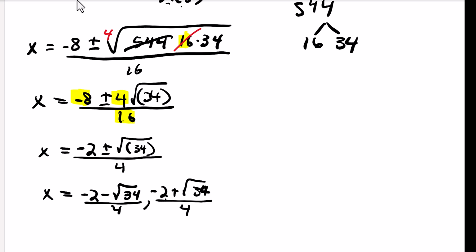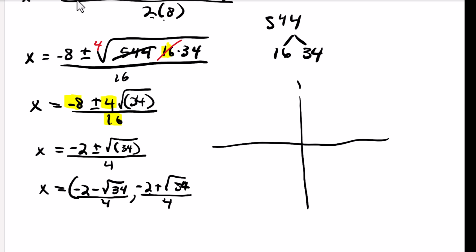And then you still do the graph. And then if you're going to figure out about how much that is, root 34 is really close to root 36, which is 6. So that would be negative 2, a little bit less than negative 6, which is negative 8 all over 4.